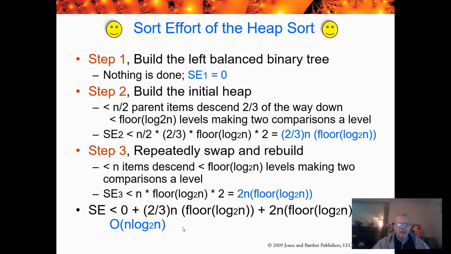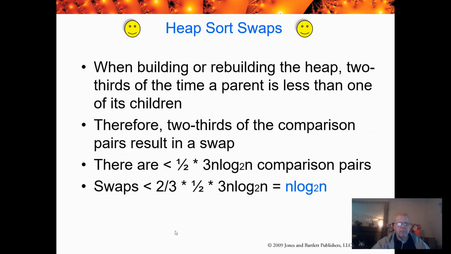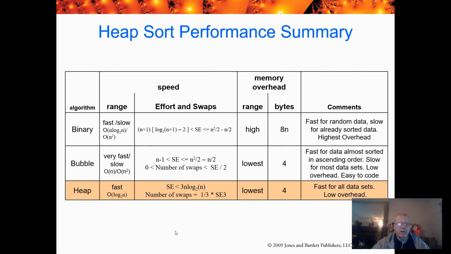The swap effort is less than n times the floor of log n times 2. So the sort effort is order n log n. And the number of swaps is less than n log n, so overall the algorithm is order n log n.